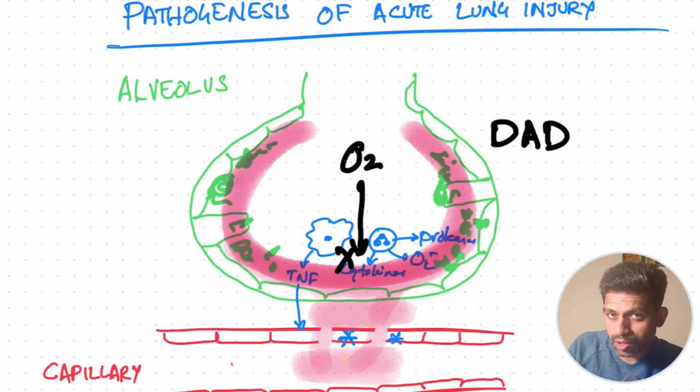Then we looked at the pathogenesis, where endothelial activation is the first step, which can be direct through sepsis or severe trauma, or indirectly activated through injury to epithelial cells.